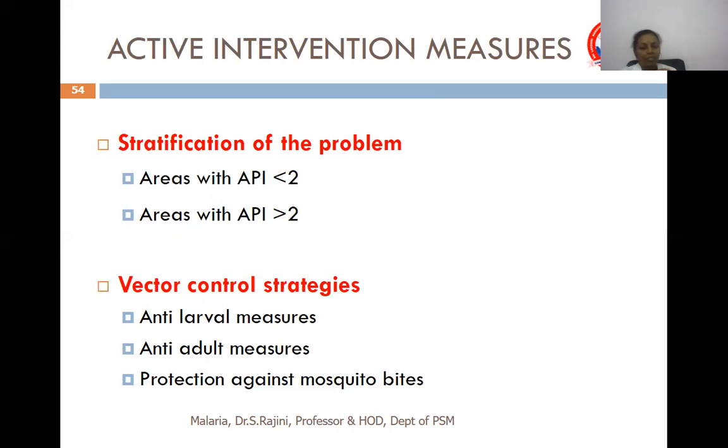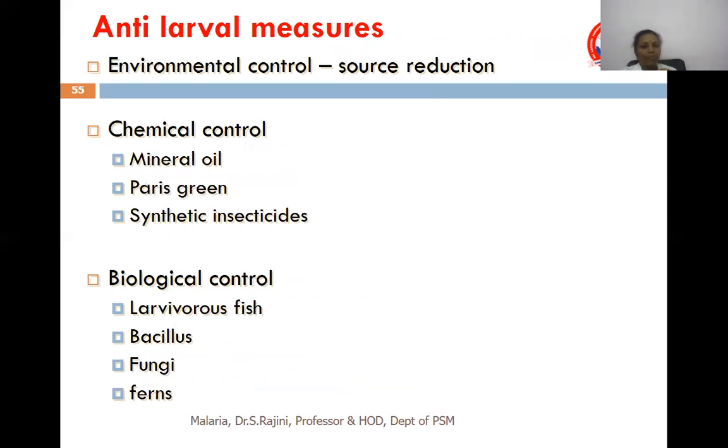Anti-larval measures include biological, chemical, and environmental methods. In chemical control, we have mineral oil, paraffin, and synthetic insecticides, which are sprayed on water areas where mosquitoes breed, so that you can control the larvae present in the breeding places.